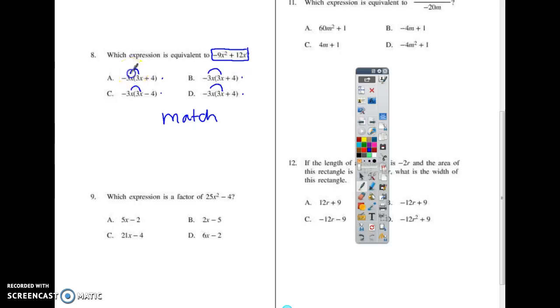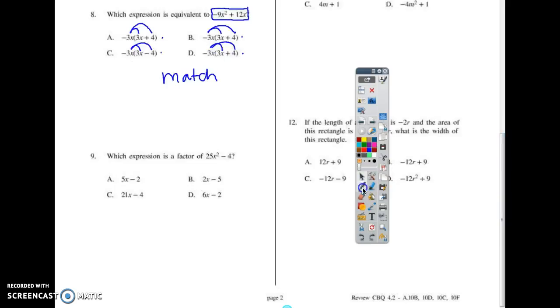And then distribute this times this, this times this, this times this, this times this. Which one gives you the 12x? Some of you probably figured it out already. If not, you're going to have to do it in a little bit. This one's like the one that we did yesterday.